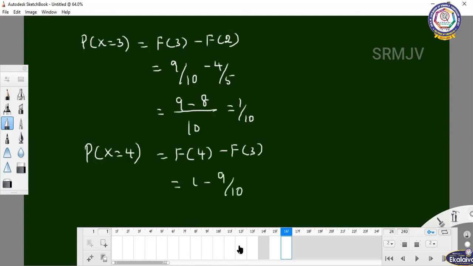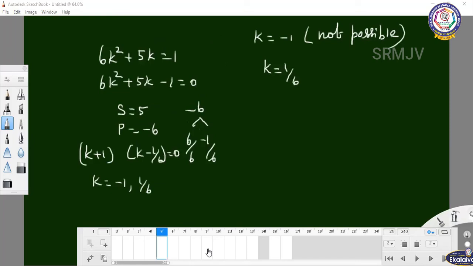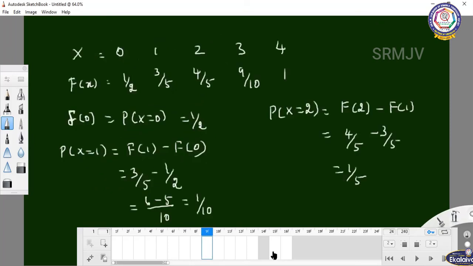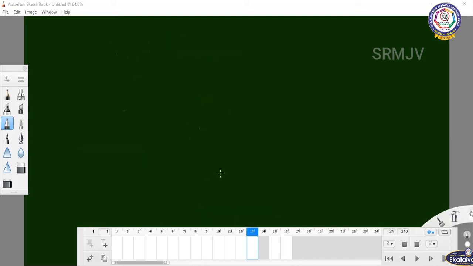You can see this in the tabular column. It gives (10 minus 9) by 10, so it gives 1 by 10. So you can draw the probability mass function.